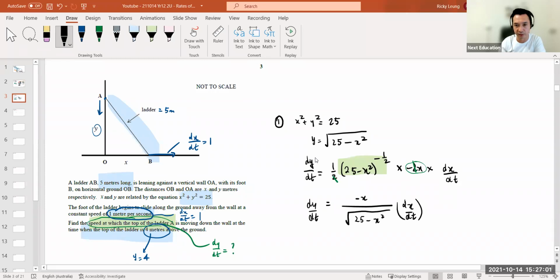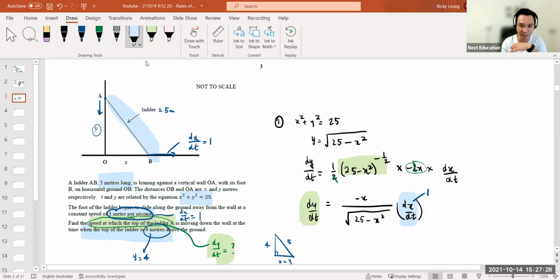All right, what am I finding? I need to find this guy. I have this already to be 1. I don't have x, I do have y. But that means, if I think about it, at a point in time, if this is 4 meters and the ladder is always 5, then this x value would be 3, by Pythagoras. So in this question, it's a bit sneaky.